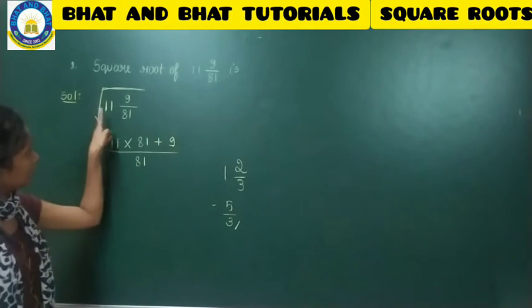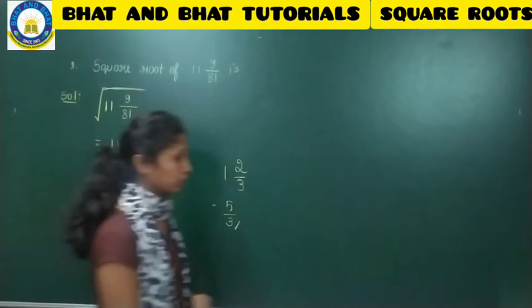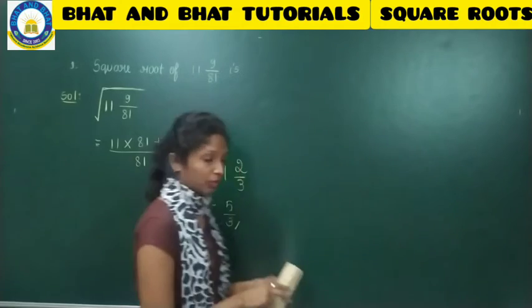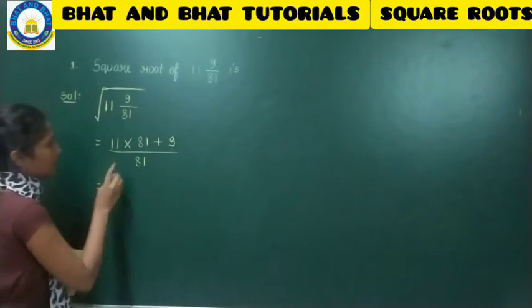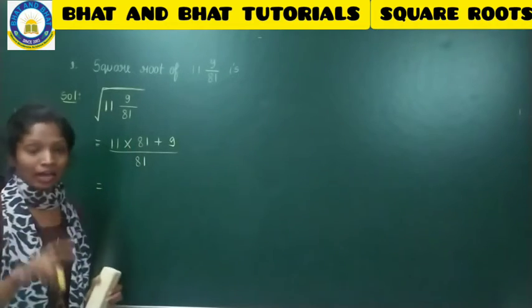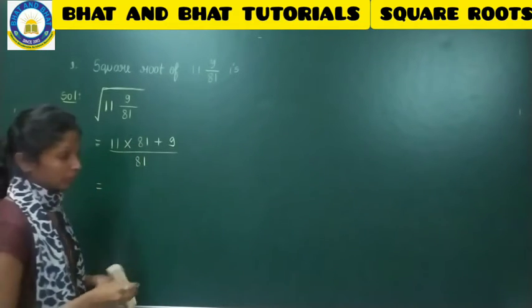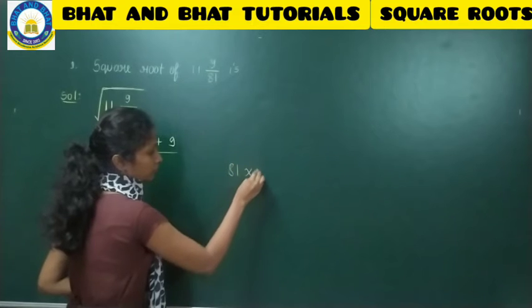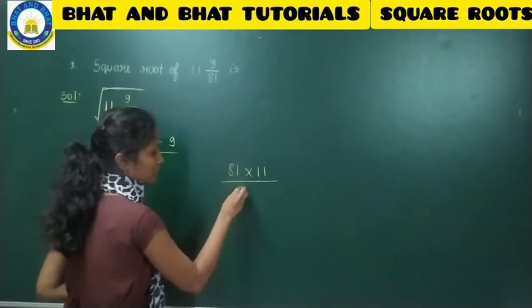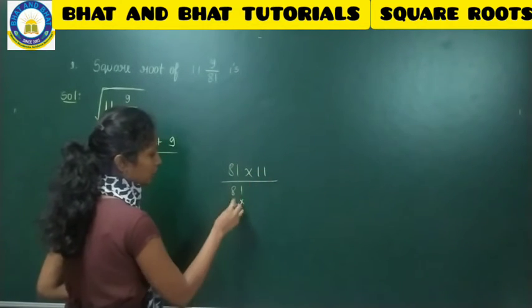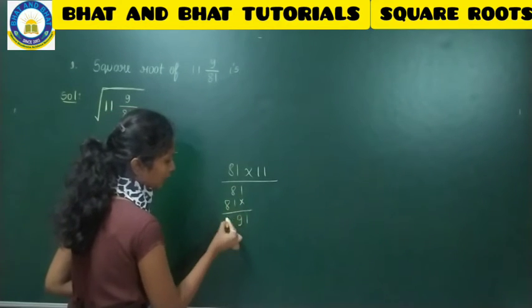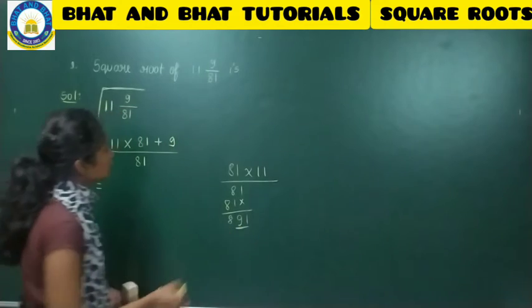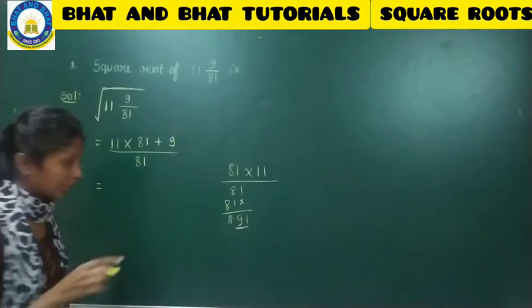In the same way, 11 into 81 plus 9 you will do, and divided by 81 as it is. In the next step, you do the multiplication of 81 into 11. 1 ones are 1, 1 eights are 8, 1 ones are 1, 1 eights are 8, 1 8 plus 1 9 and 8 as it is. So now you got 891.